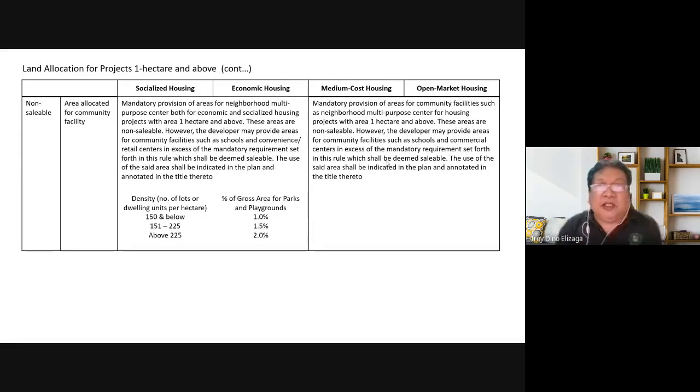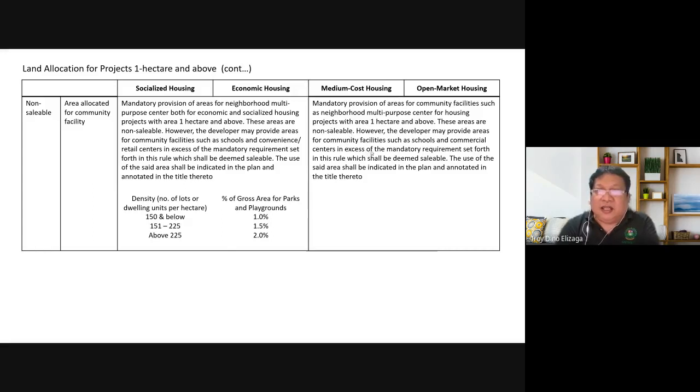For non-saleable, when we talk about, what's this? Allocation for community facility. It says mandatory provision of areas for community facilities such as neighborhood multipurpose center for housing projects with 1 hectare and above. So we're still in this because we have 1.07 hectares.